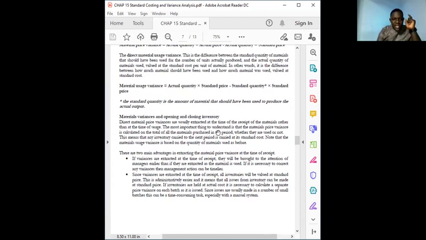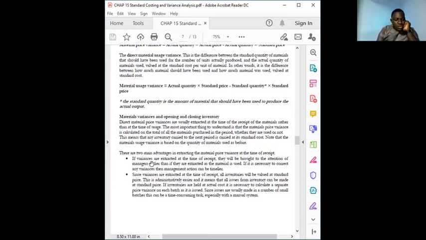The most important thing to understand is that material price variance is calculated on the total of all the materials purchased in the period, whether they are used or not. This means that any inventory carried to the next period is carried at its standard cost. Note that the material usage variance is based on the quantity of materials used as before.